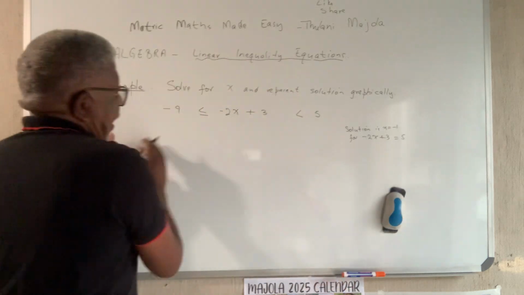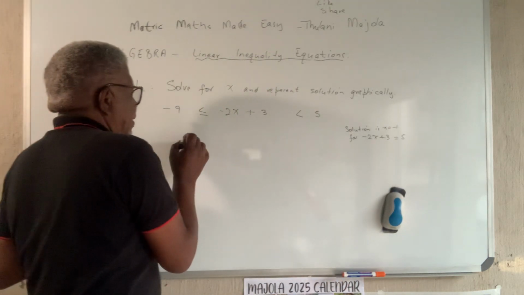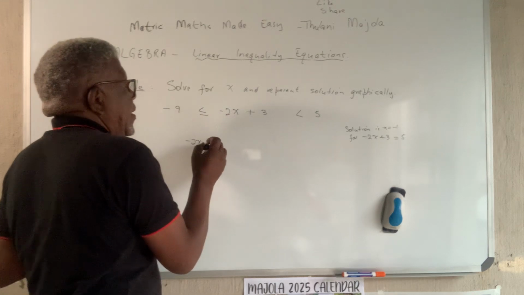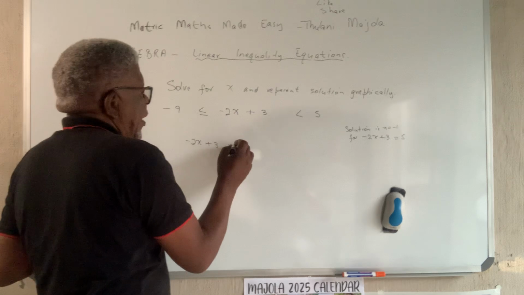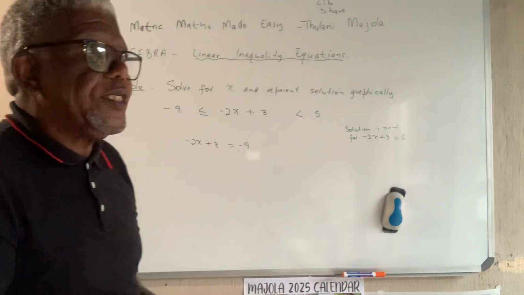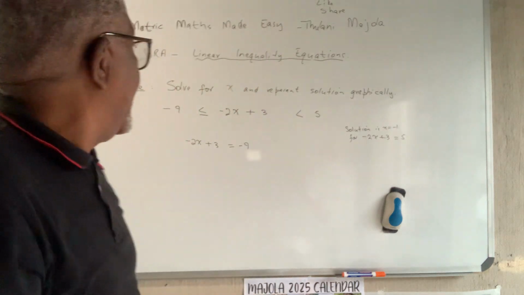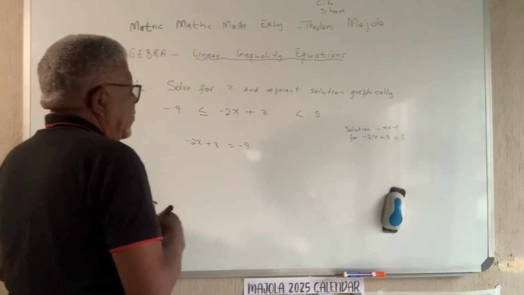Now what about this other side? If you take this other side, you say negative 2x, which is unknown, plus 3, you write it on the left hand side, and this equals negative 9. Also you want to find the solution, or the root, of this equation. So do the same thing.